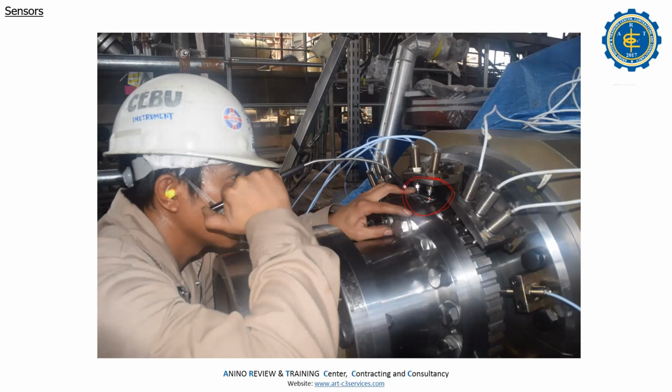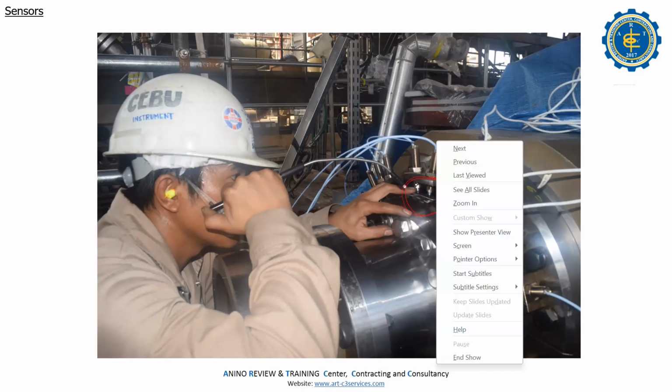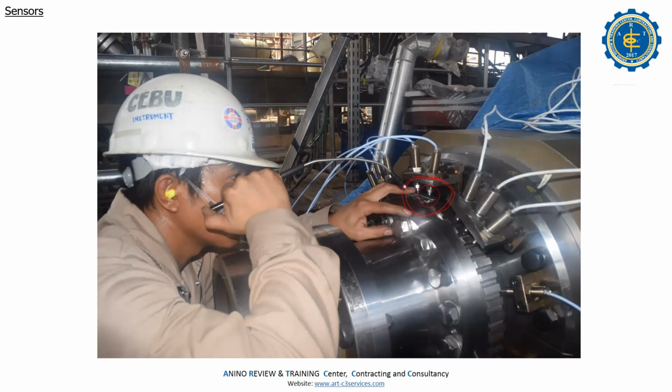If your voltage gap here is very small and then there is a vibration, your proximity probe will be damaged. That's a big problem because during operation it is already covered.